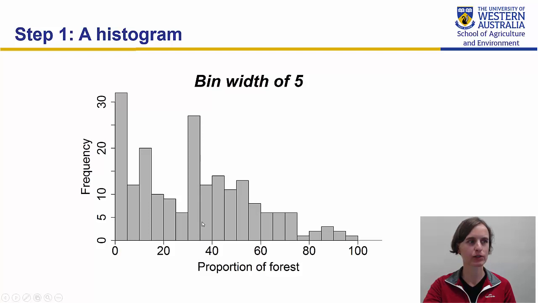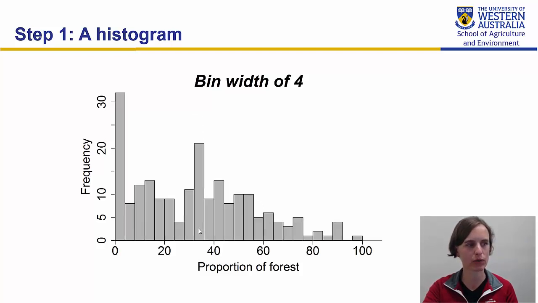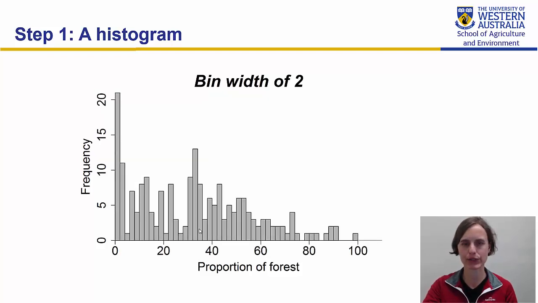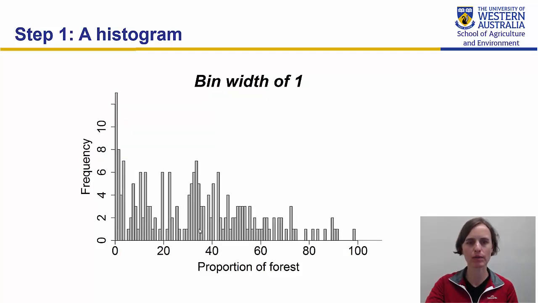So I can see now that it's not actually between 30 and 40, but it's between 30 and 35. Okay, let's continue. Bin width of 4, 3, 2, and 1. So each individual percentage.